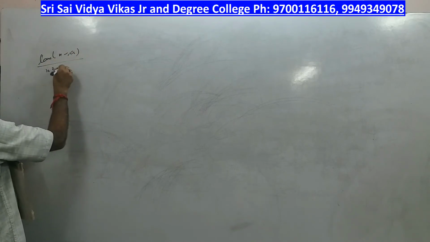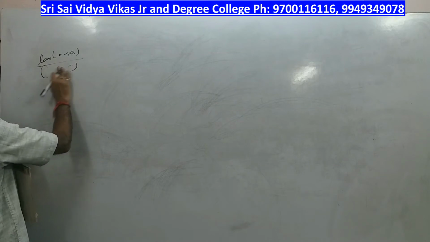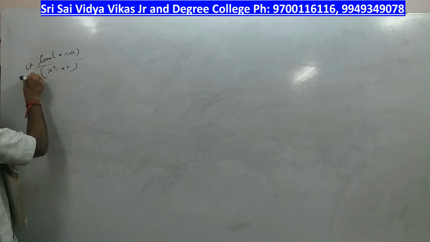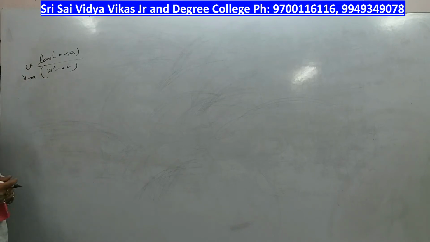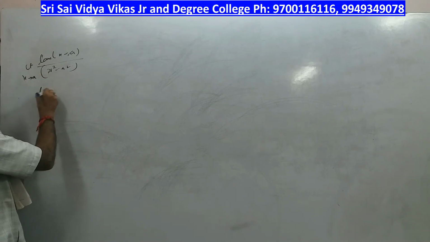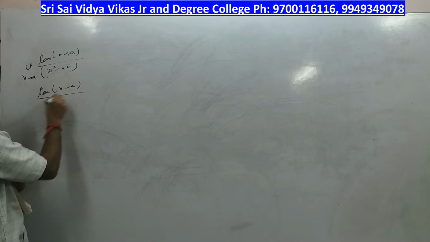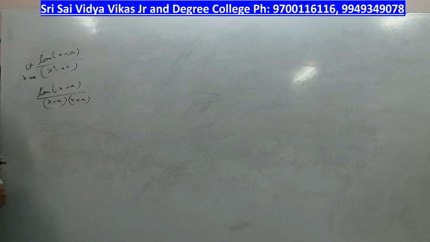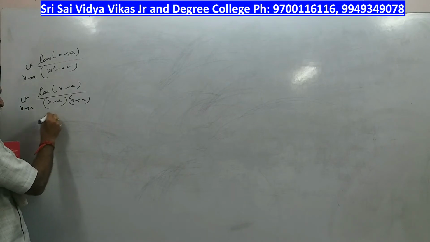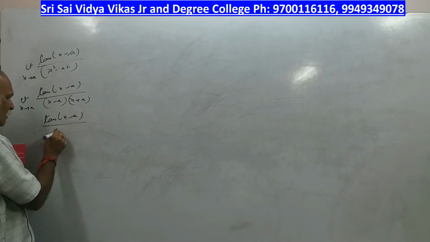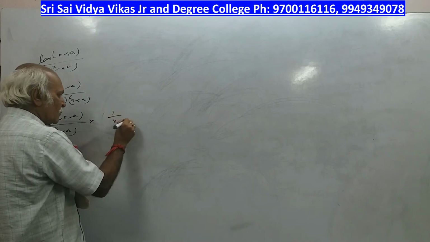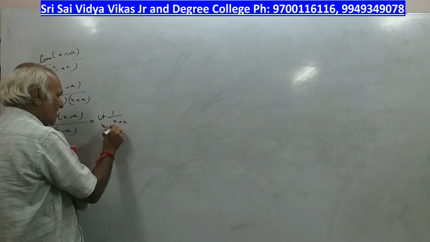Tan of x minus a by x square minus a square. So tan of x minus a by x minus a, limit x tends to a, into 1 by x plus a, x tends to a.